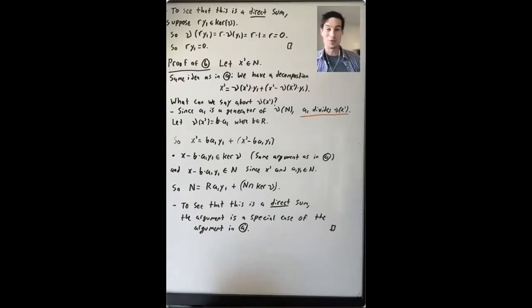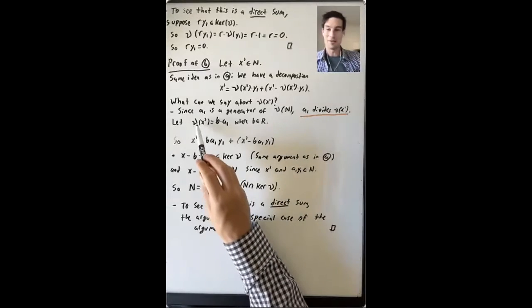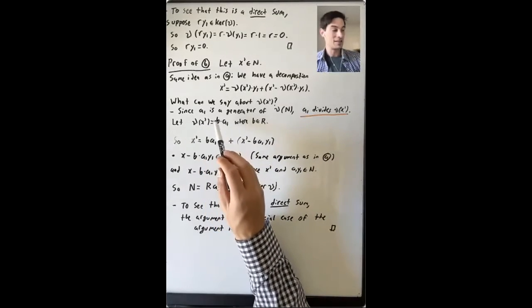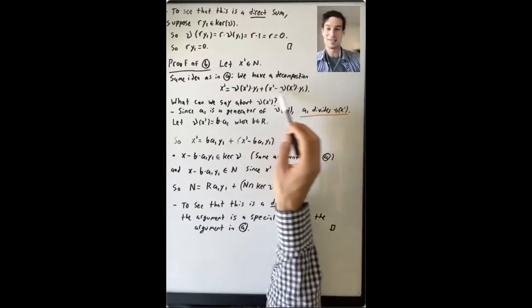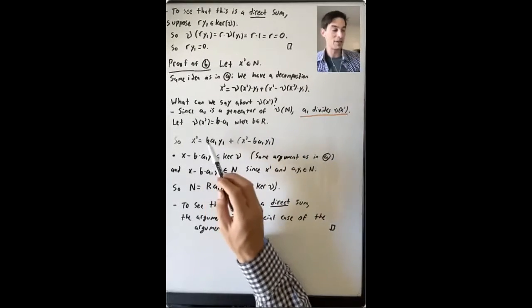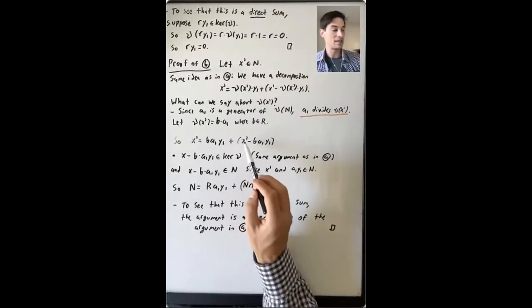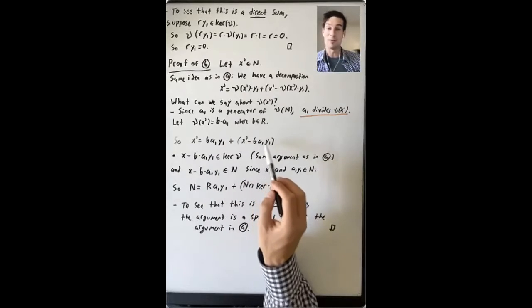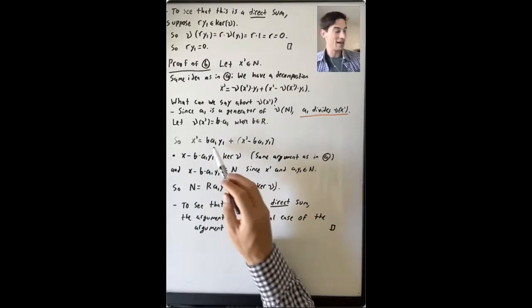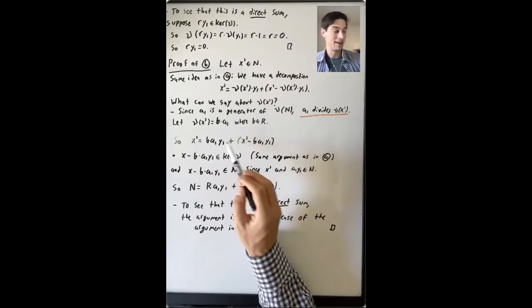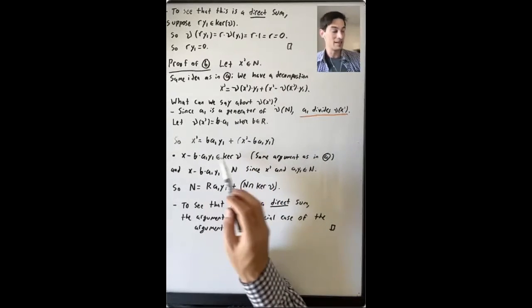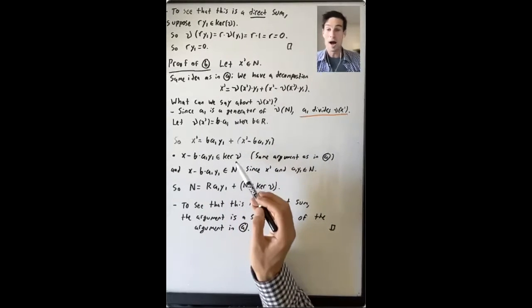Let's finish the proof of B. Now that we know that nu of x prime is something in the ring times a1, we can go back up to this decomposition here and write x prime equals b a1 y1 plus x prime minus b a1 y1. And okay, now this first term is clearly in R a1 y1. And this second term is in the kernel of nu. Why?